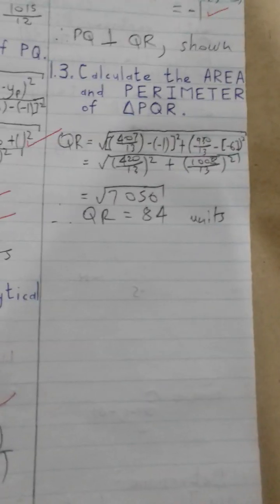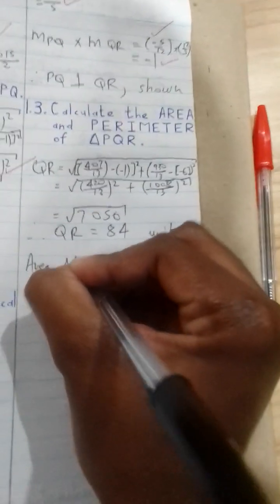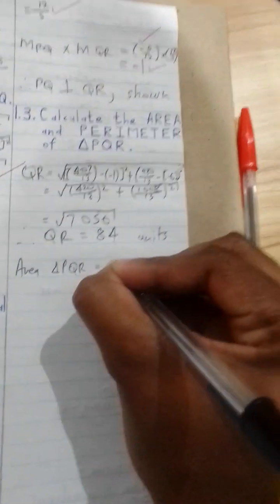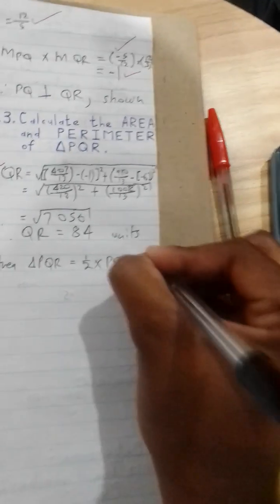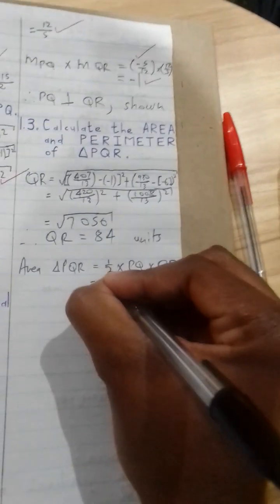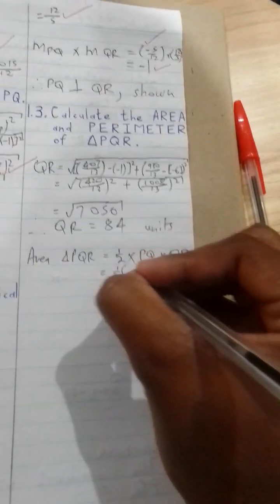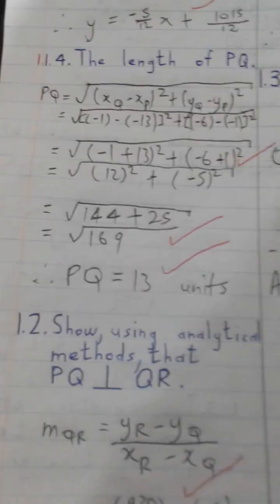Now we can calculate the area. Area of triangle PQR is half times PQ times QR, which is half. PQ is 13 units, as you can see.